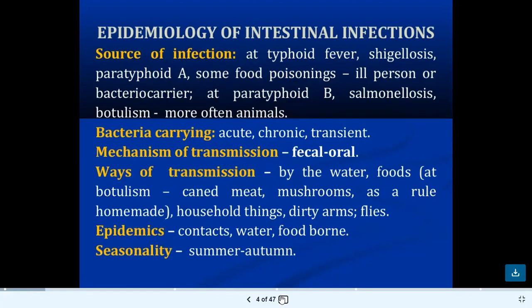Bacteria carrying can be acute, chronic, or transient. The mechanism of transmission is fecal-oral, by water and food; in botulism, canned meat and mushrooms, as a rule homemade. Household things, dirty hands, and flies also transmit it. Epidemics are contact, water, and foodborne. Seasonality is summer and autumn.